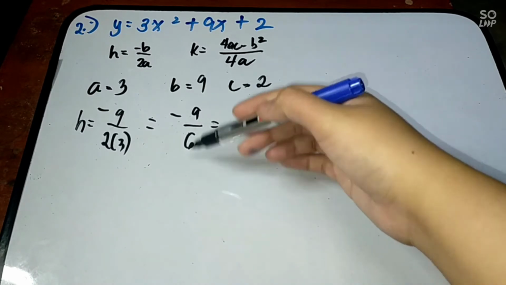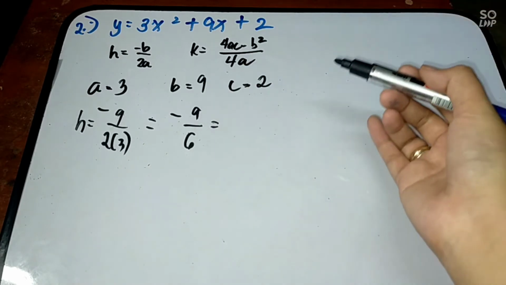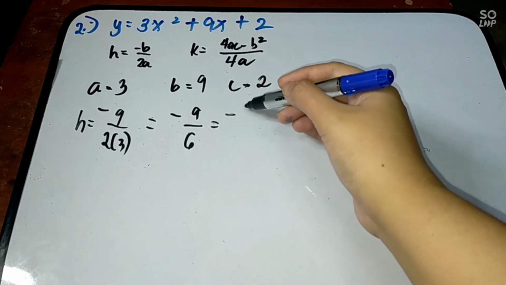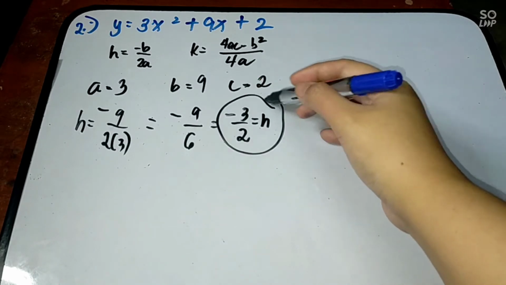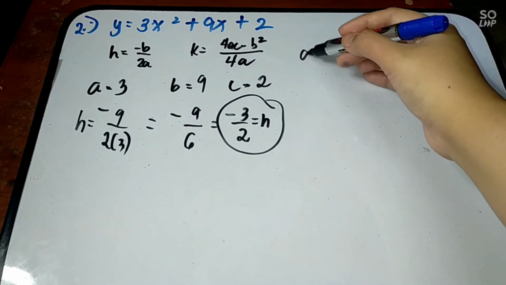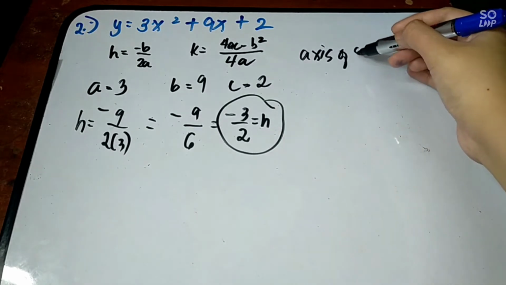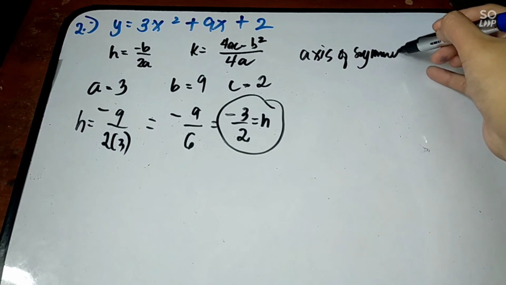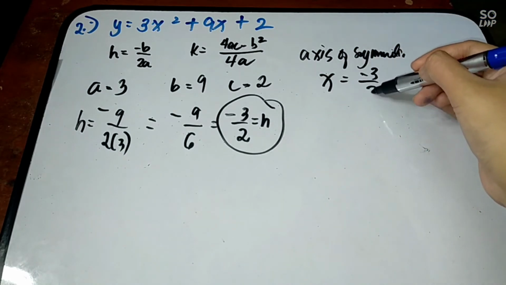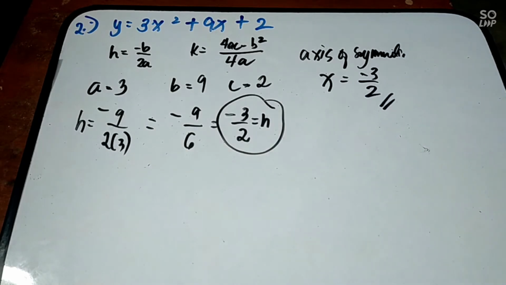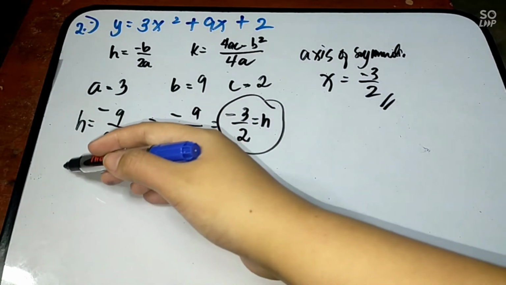Then, since we cannot divide 9 to 6, simplify mo na lang to lowest term. So, that is negative 3 over 2. This is now your h. Yan, may h ka na. So, kung ipa-find mo si axis of symmetry, x is equal to negative 3 over 2. So, meron kang fraction.